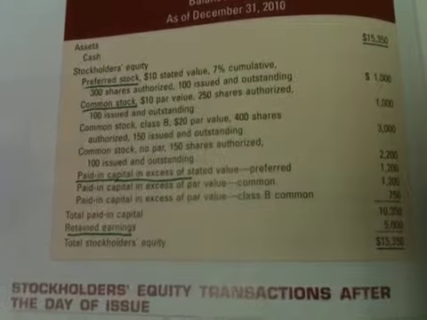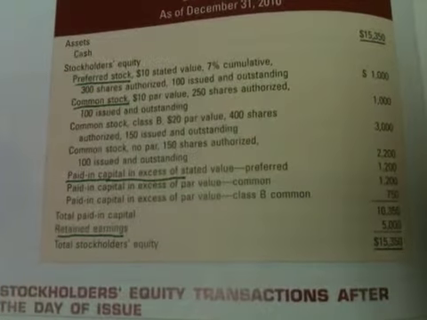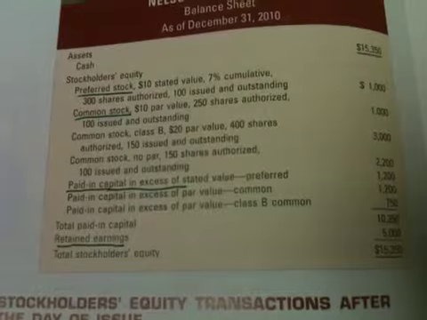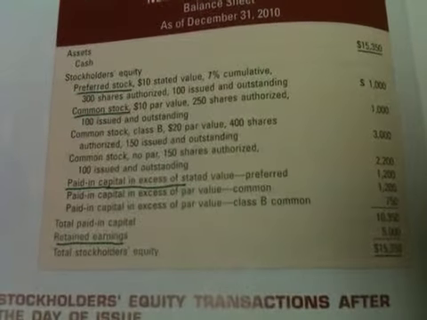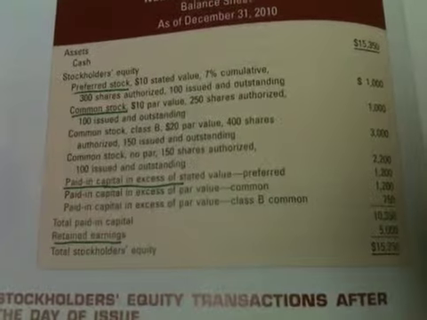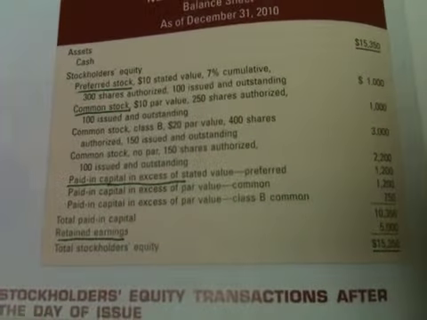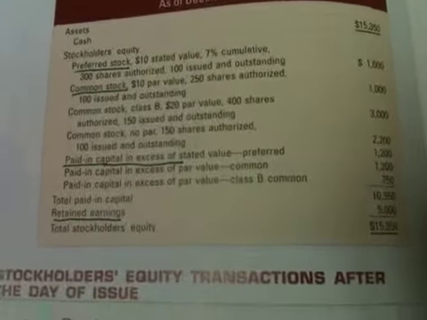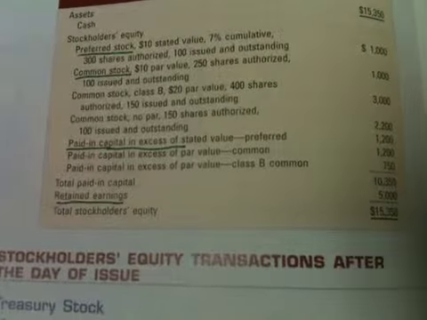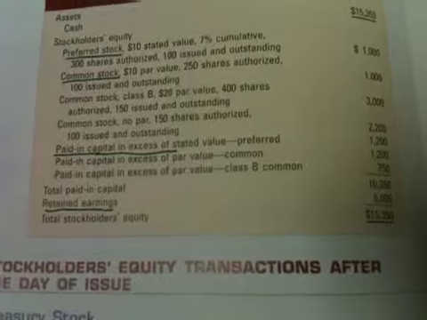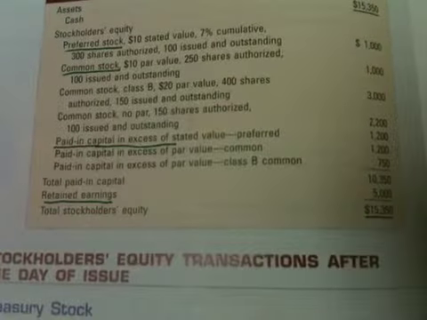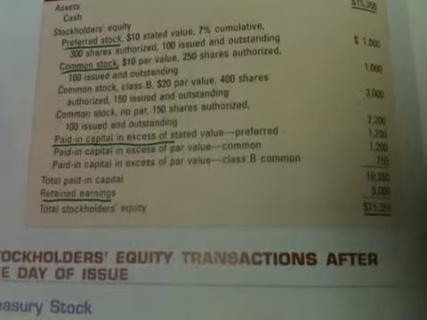The second thing is common stock, and we've got 2 transactions there, so you'll need to figure the number of shares sold at the par value. Then we're going to skip down because some of those transactions didn't occur in our problem. The next thing we have to do is the paid-in capital in excess of stated value or par value, depending on if you're preferred or common.